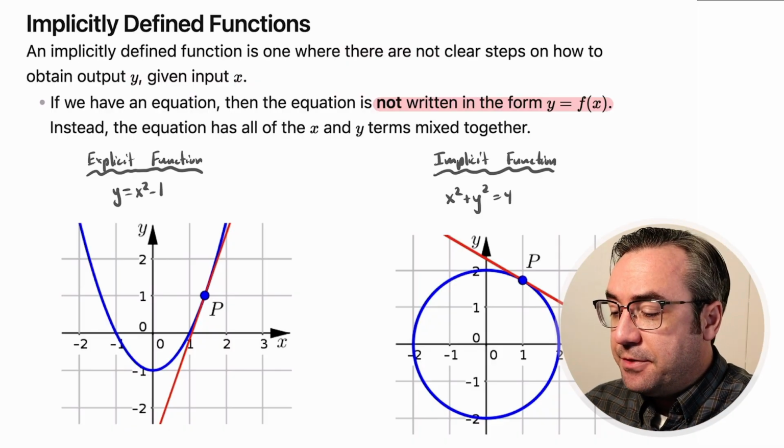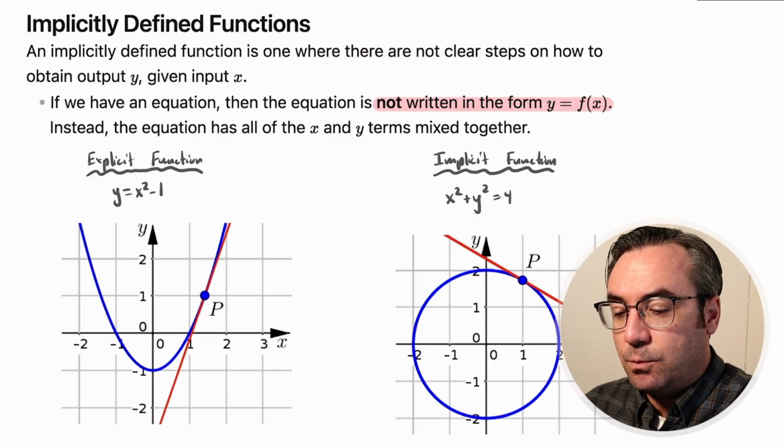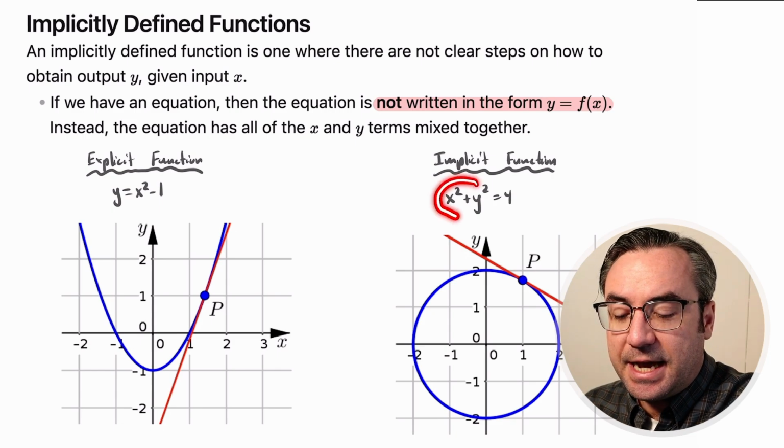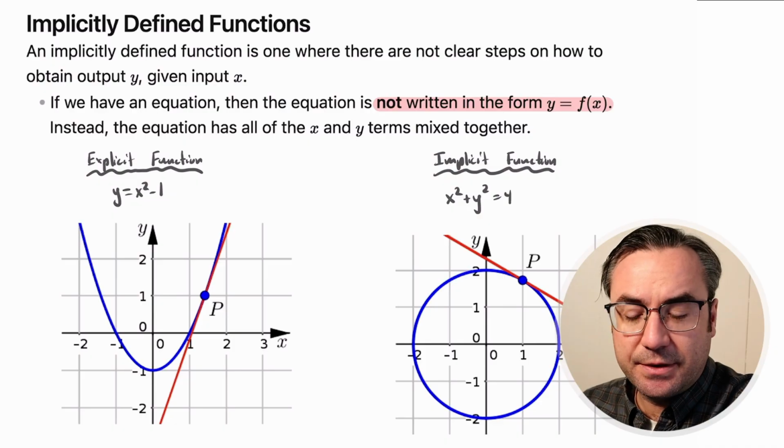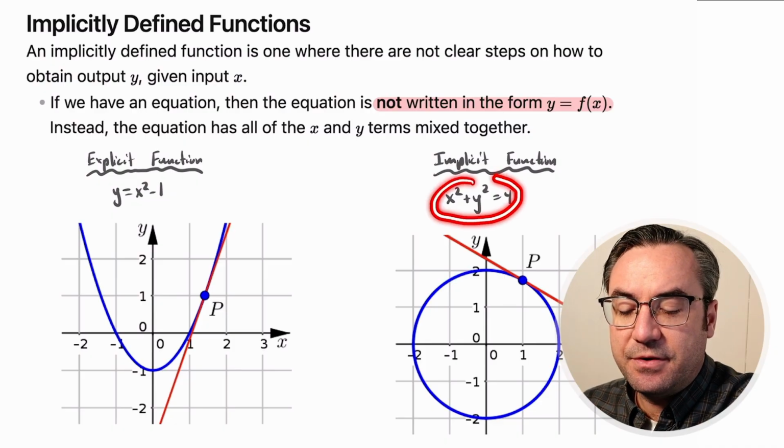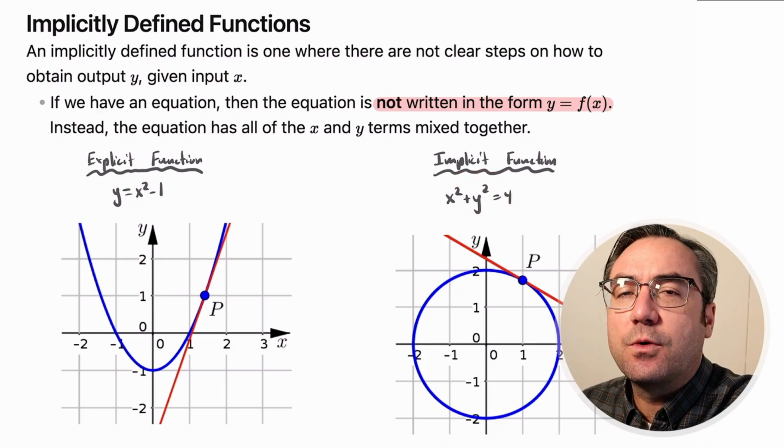In either case, what we're going to look at today is how we calculate the derivative when we have an equation like this, where it's not in the form y equals.